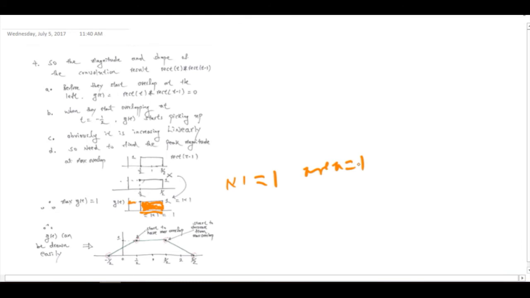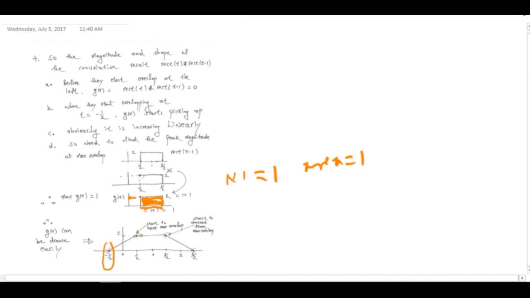So what we can see is when t is equal to minus half, it starts to have overlap. It linearly increases until when t is equal to half, it becomes maximum. So it maintains constant all the way until t is equal to 3/2.